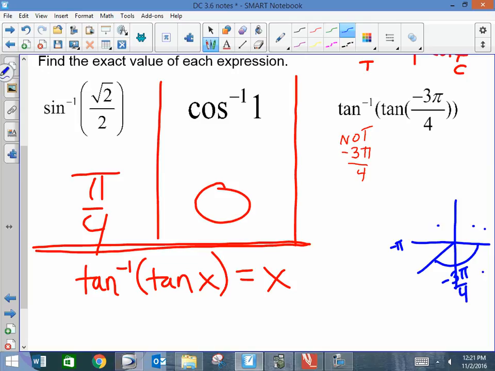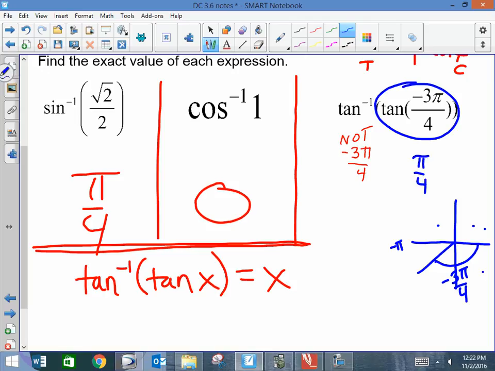Okay, so first of all, what is the tangent of negative 3 pi over 4? Is it positive or negative? Positive. Okay, so you still want to stand by your negative pi over 4 answer? No. Pi over 4.